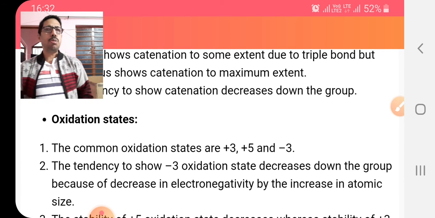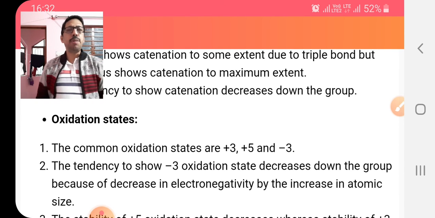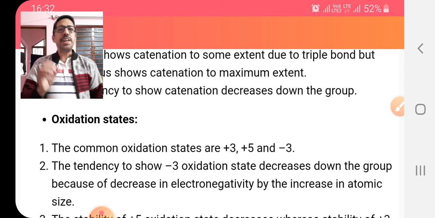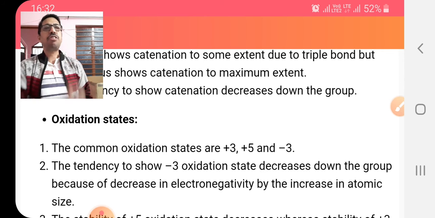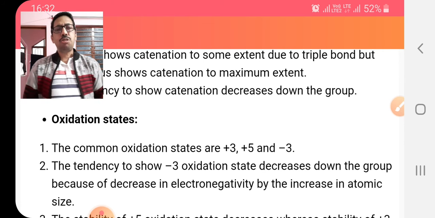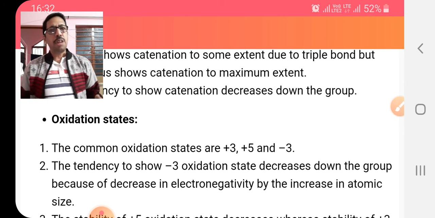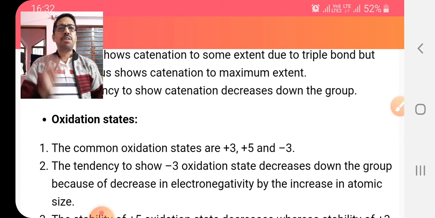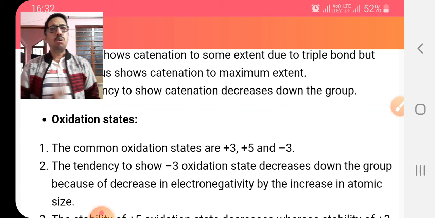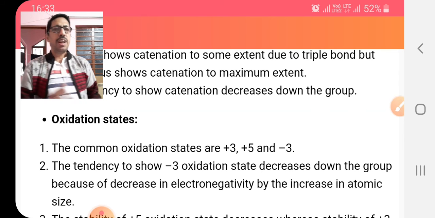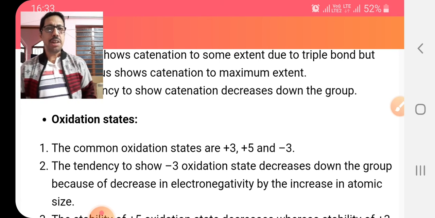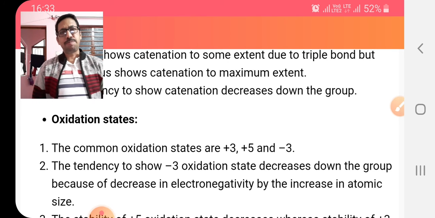It is important to note that being the first element of the group, nitrogen shows a negative oxidation state of -3, and that is equal to its valency. As we all know, in nitrogen there are 5 electrons in the valence shell. So it is less than an octet and has a tendency to gain 3 electrons, showing the -3 oxidation state.